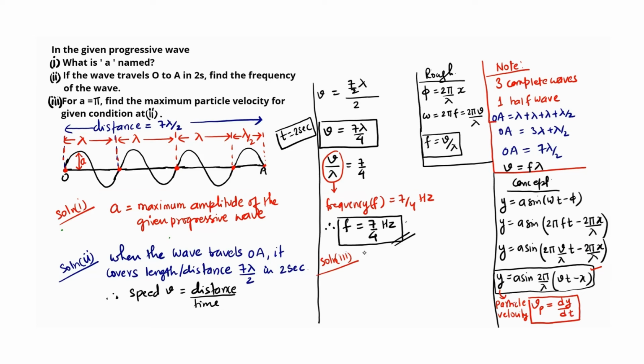Particle velocity Vp equals dy by dt, and the maximum particle velocity equals amplitude A times angular frequency. We know angular frequency is twice pi f.